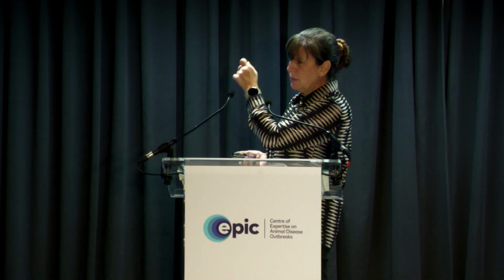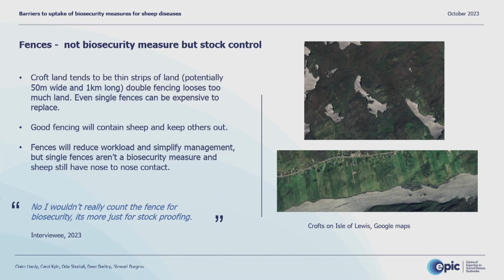I just put this one up, some pictures of the crofts. So you see they're really small strips. That's a big problem for them when it comes to the fencing, because it's considered that they need double fencing. But if their croft land is 50 metres and there's 3 metres between each fence, they lose so much land, and also it's just so expensive for them.